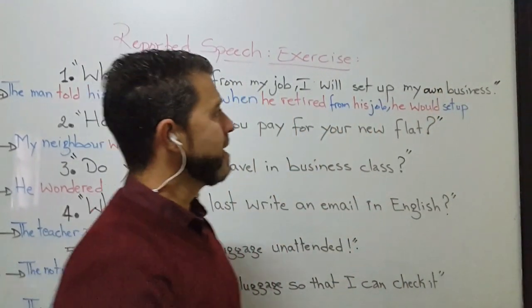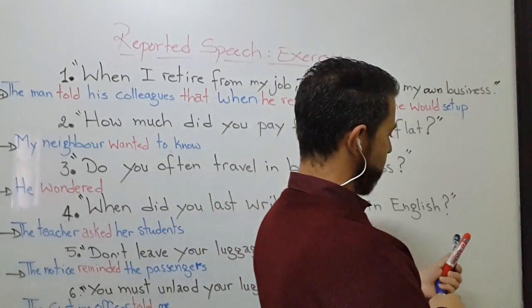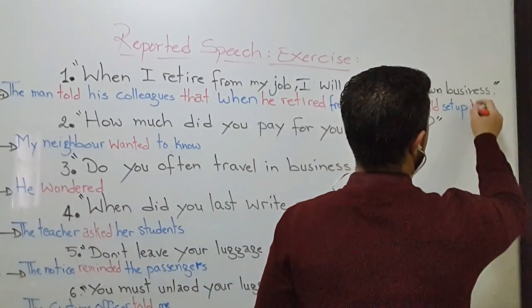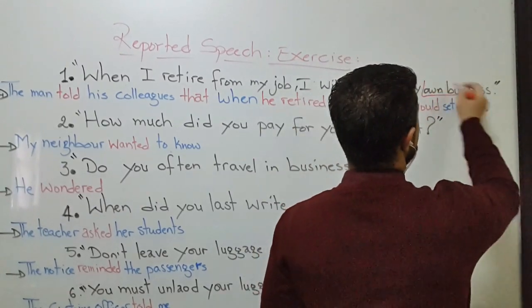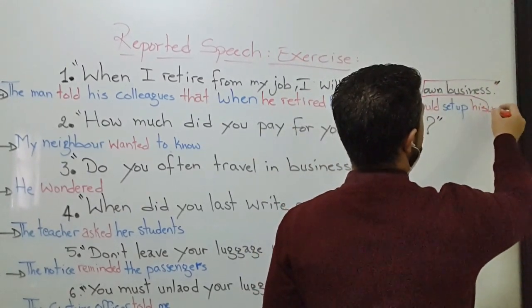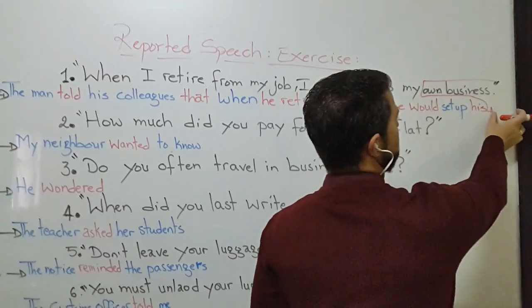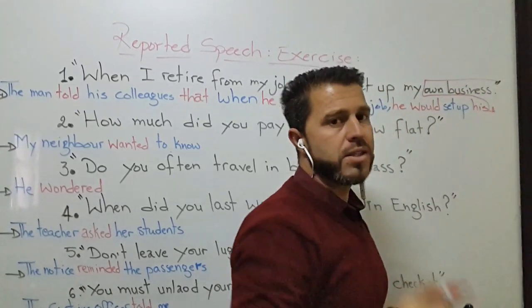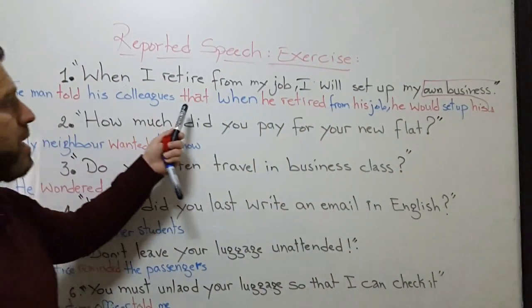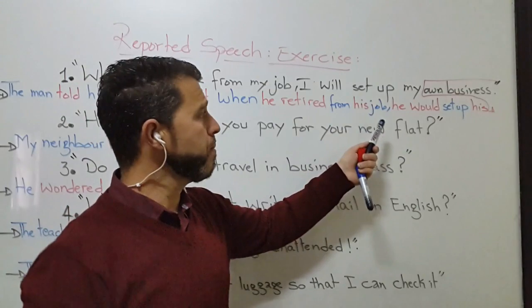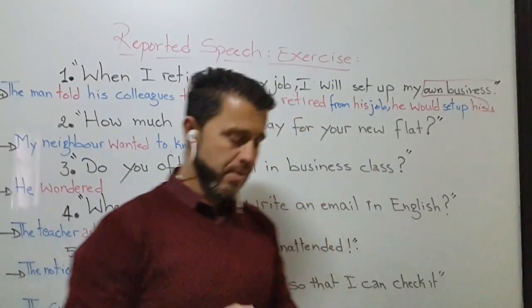It becomes what? To set up his own business here. I don't have a space here to write it, so it stays as it is. So the man told his colleagues that when he retired from his job, he would set up his own business.